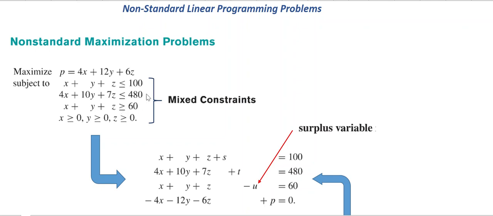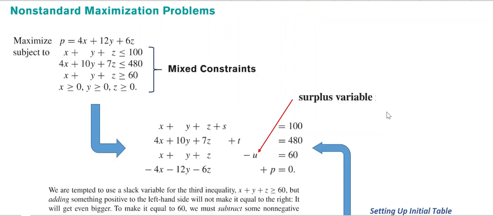So we say that these constraints are mixed. And because we have mixed constraints in a maximization problem, it is non-standard maximization. So we need to learn how to deal with it, and it's a little bit different.